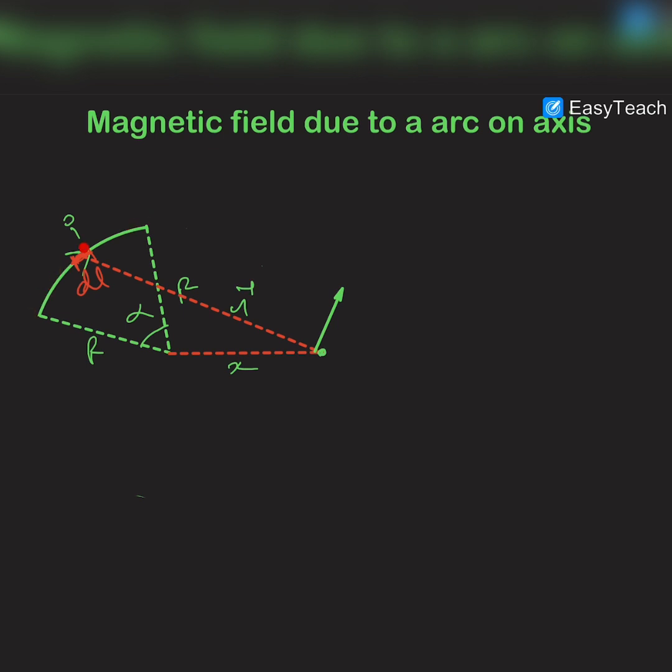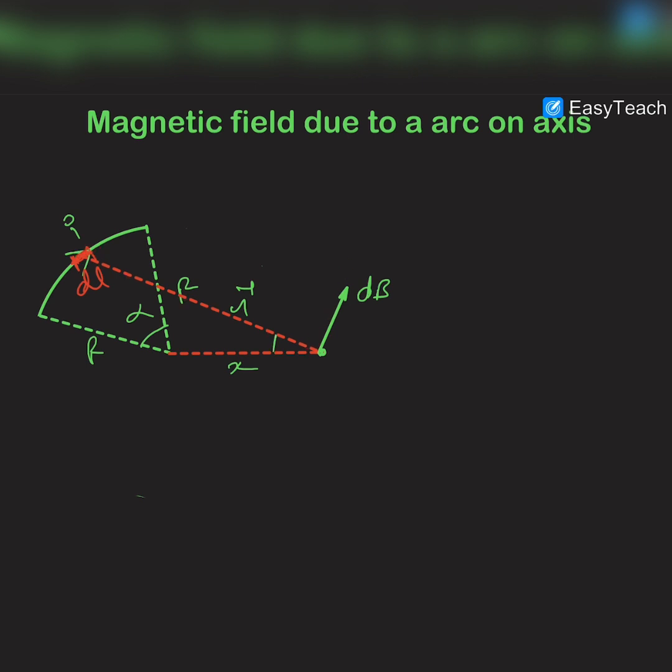There is an arc, this is the center of the arc, and this is the axis of the arc. There is a point P on the axis at which we have to find the magnetic field, and at this point P the direction of dB due to a small current-carrying element will be in this direction.